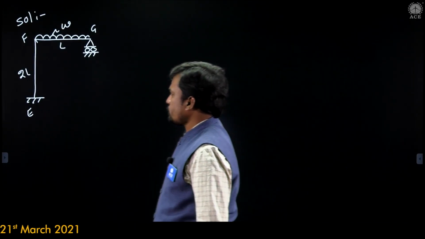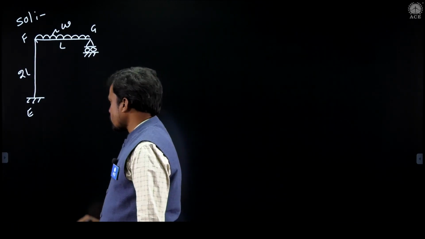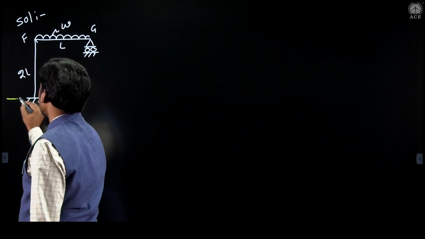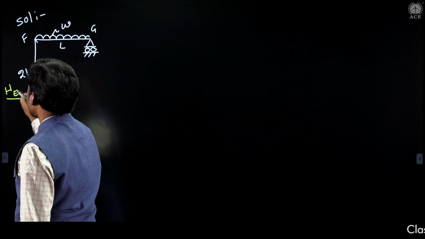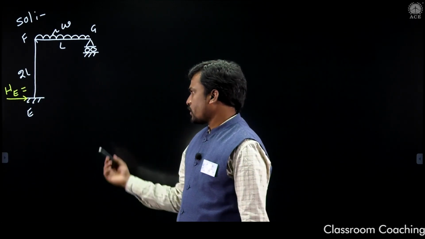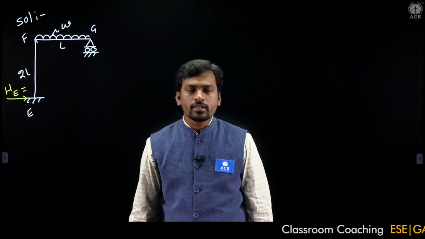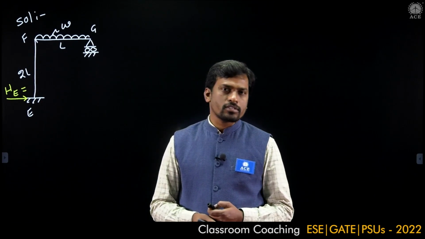Now find the horizontal reaction at E. To find it, use sigma H equals 0, which means right moving forces equal left moving forces.